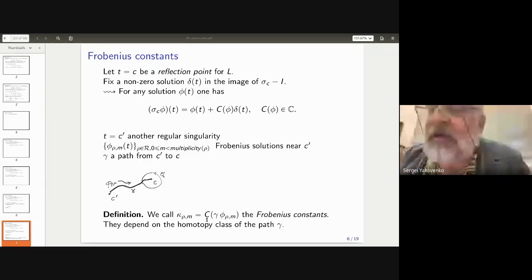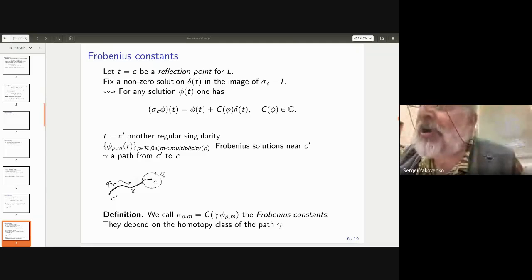Am I right that what you do is the following? You take the point C, because C is the reflection point. The monodromy operator around this point is determined by only one scalar, which is the Frobenius constant. Yes. Now you replace the local monodromy near this point by the holonomy of the path that is conjugate in the fundamental group.